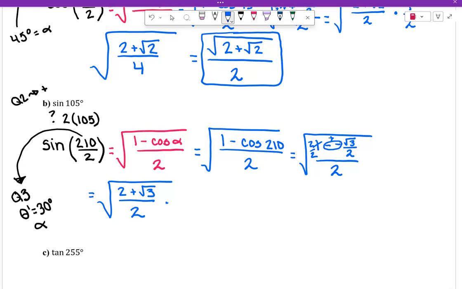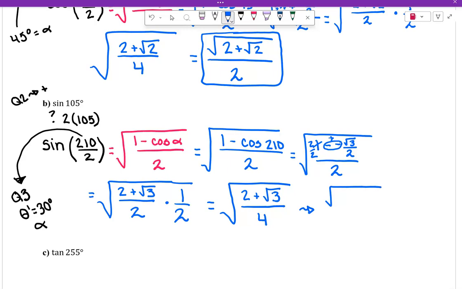And instead of dividing by 2, I'm going to go ahead and just change it to multiplying by a half. So we're going to get the square root of 2 plus the square root of 3. And then 2 times 2 is 4. We can't take the square root of the top, so we're going to leave it all over 2, because the square root of 4 is 2.